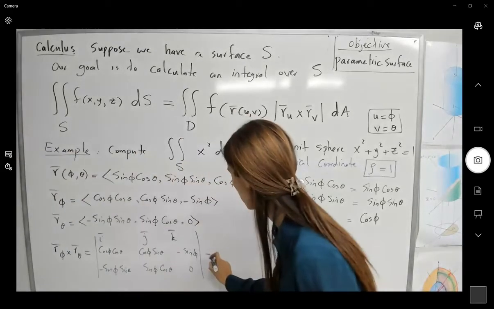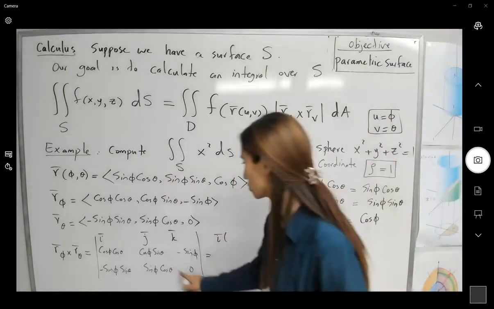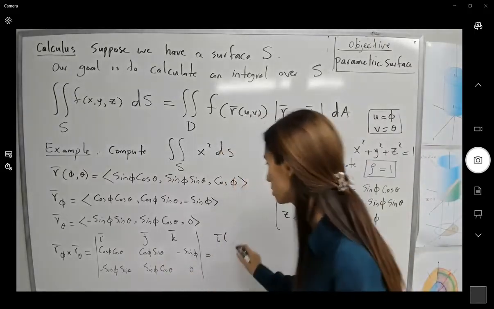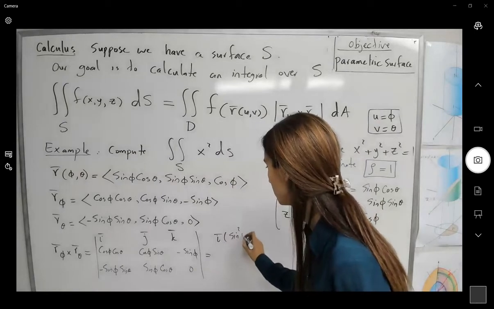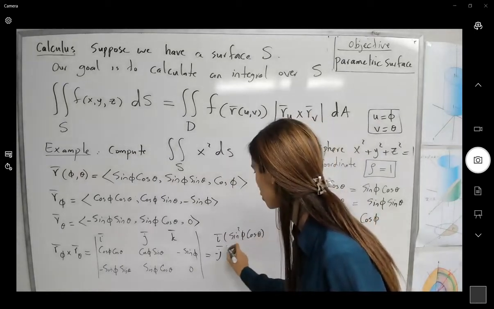So this guy becomes i times, this is 0, and here you get sine squared phi cosine theta, minus j.